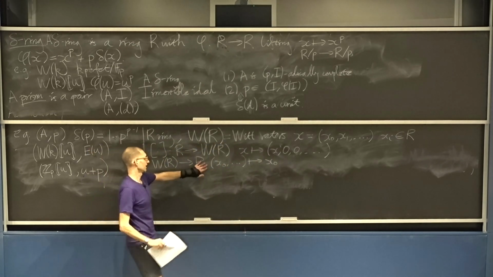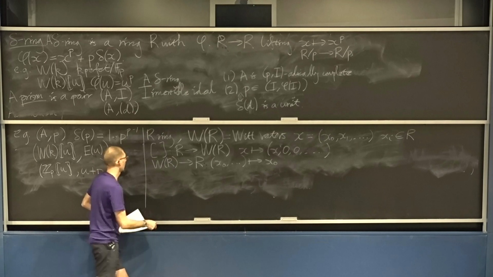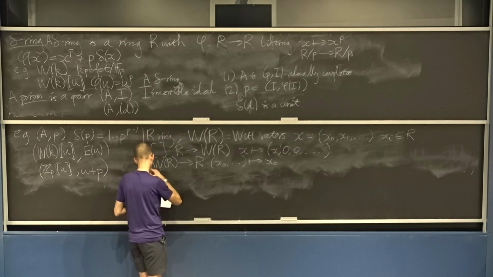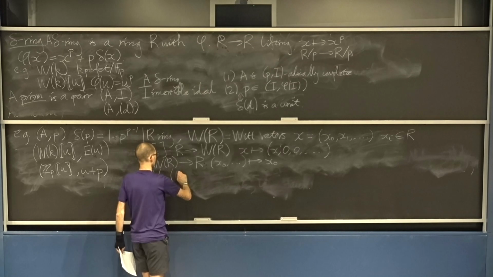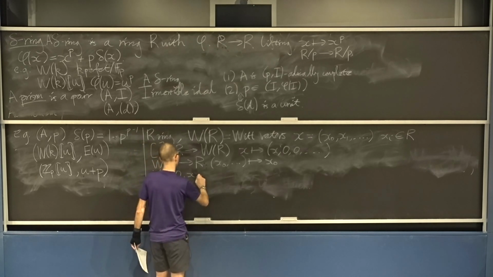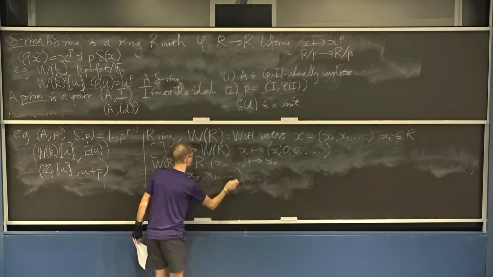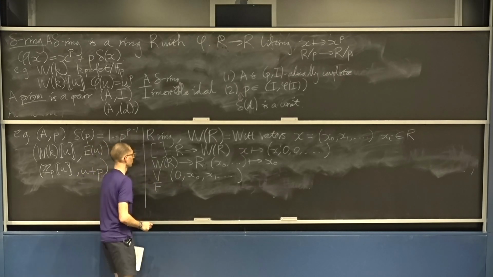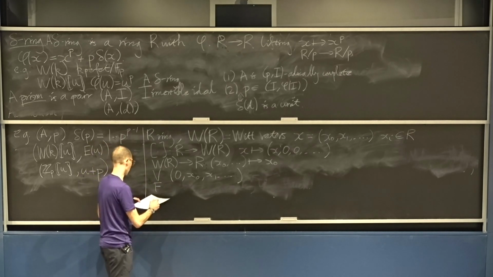This is sometimes called the zeroth ghost map. And there's a Verschiebung, which is very simple to describe. It's just the thing that shifts you one to the right. I'm going to stop writing all these x0s to start with. You just literally shift.